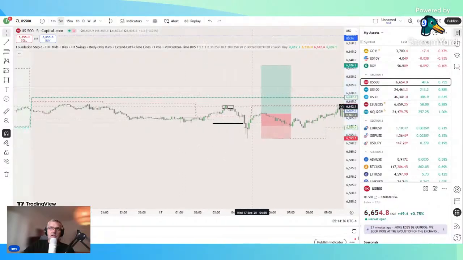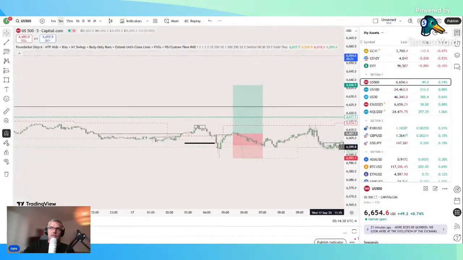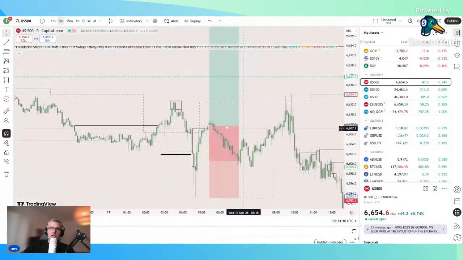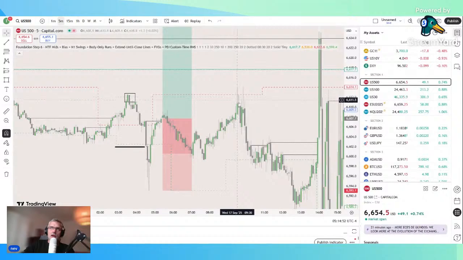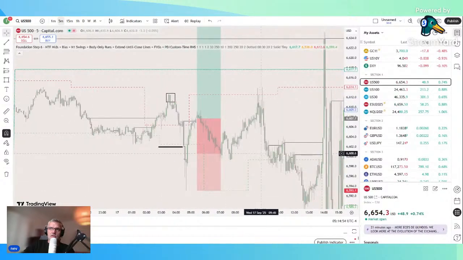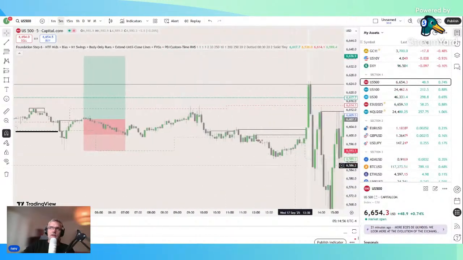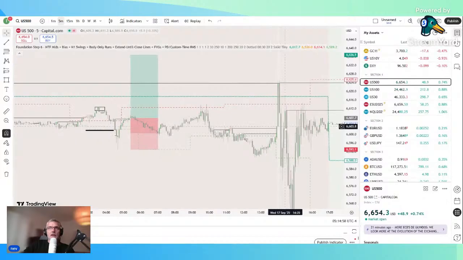And as you can see, we just drifted down. Then we took out that previous swing high, but we also didn't close above it, and hence that should have been an indicator to get out at break even. And then what happened? We just drifted down, took out my stop, and then the FOMC stuff happened.